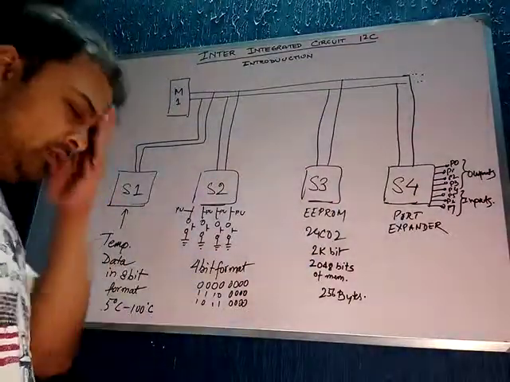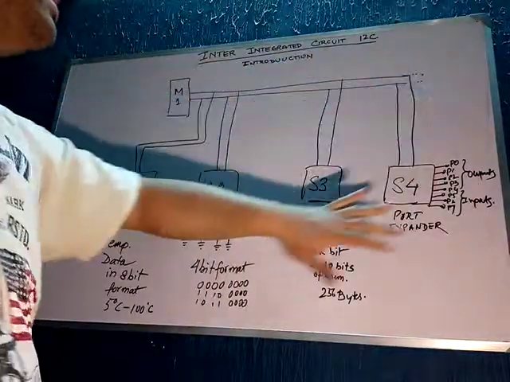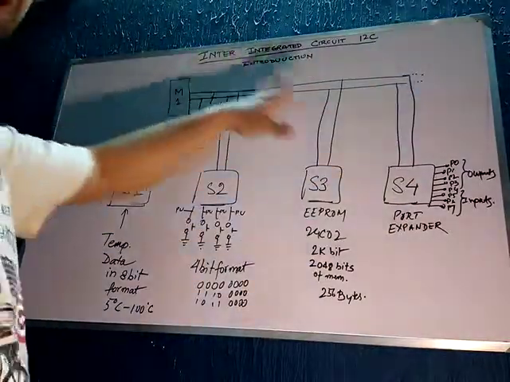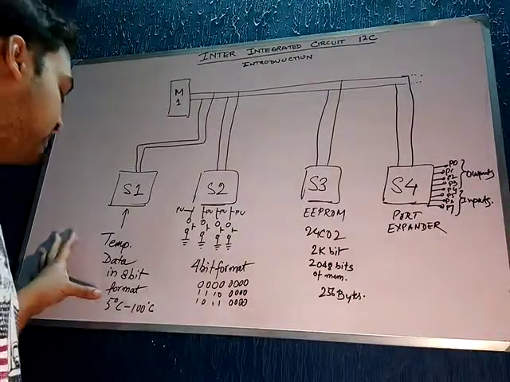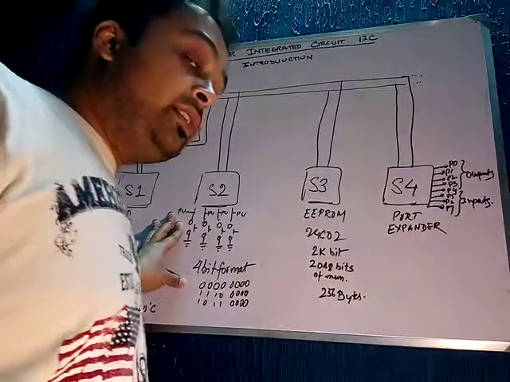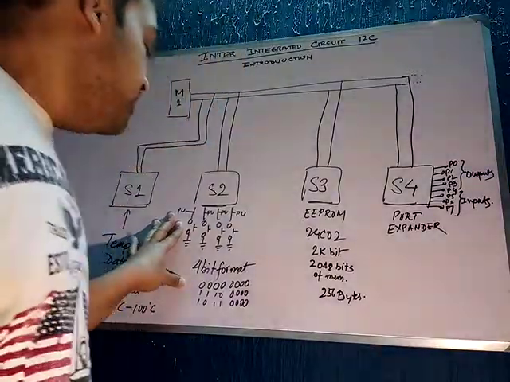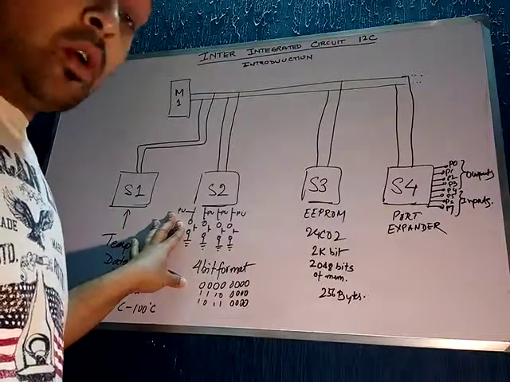Now the master needs to communicate with all of these slaves as and when required, right? Sometimes it has to take the temperature data, sometimes it has to read the switches, say to understand what type of temperature the user wants.